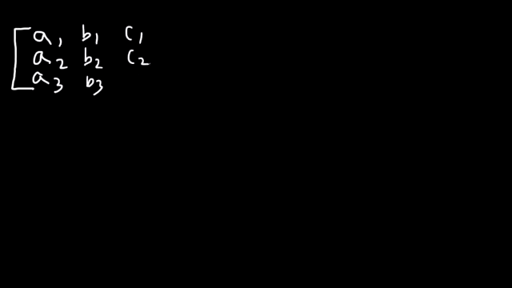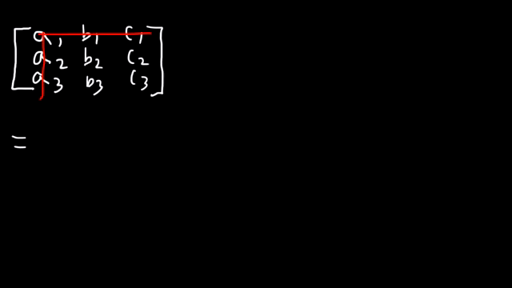Now what about a 3x3 matrix? So let's say this is A1, A2, A3, and then B1, B2, B3, C1, C2, C3. So let's go over the formula first. The first thing you want to do is get rid of the first row and the first column.